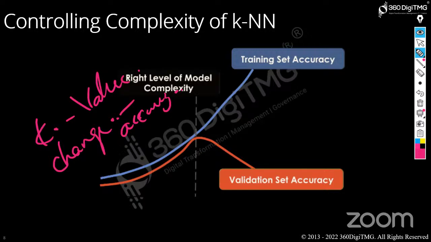That means if you change the hyperparameter, there will be a change in accuracy. You keep changing your hyperparameter, keep calculating the training accuracy and the test accuracy, and it is a repetitive task. You keep doing this.